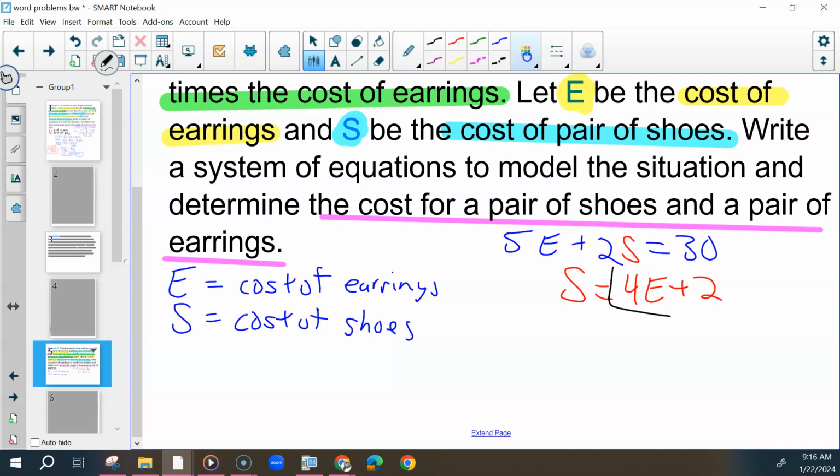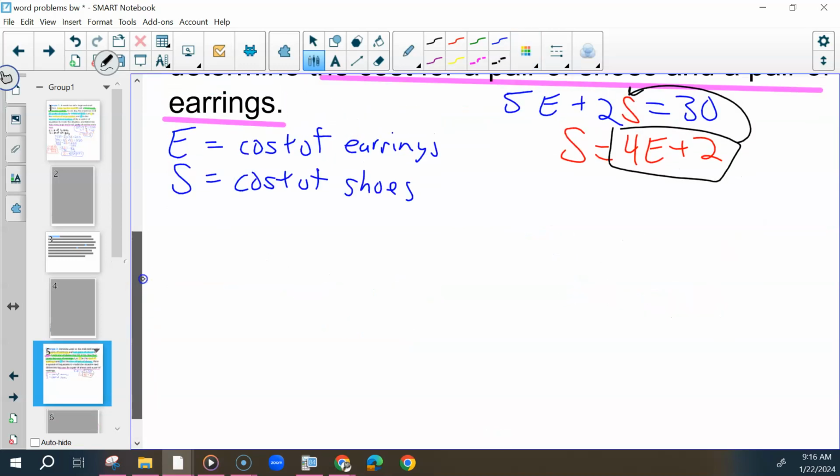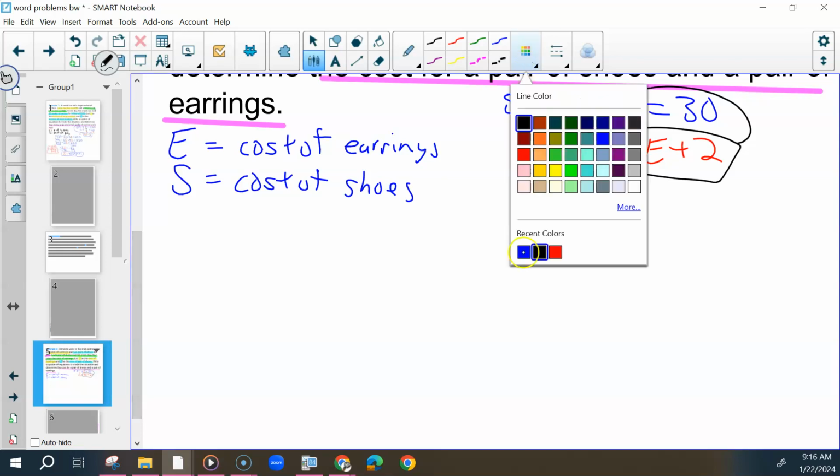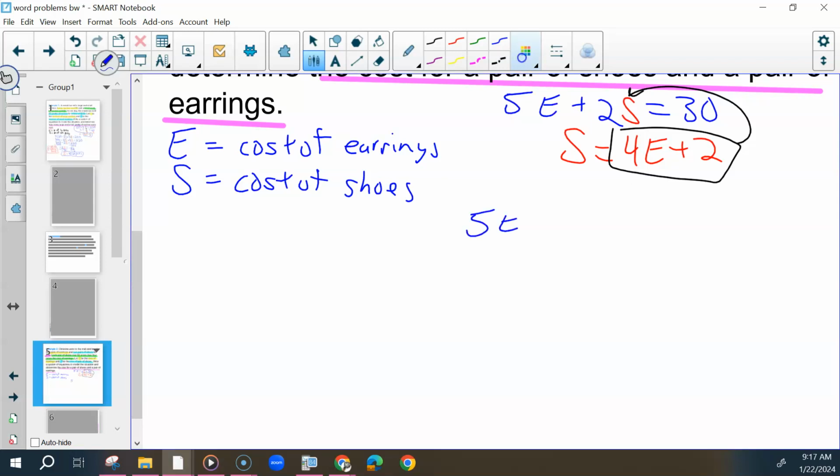So we're going to take this expression and put it back into S in the other equation, and then start to distribute and solve.